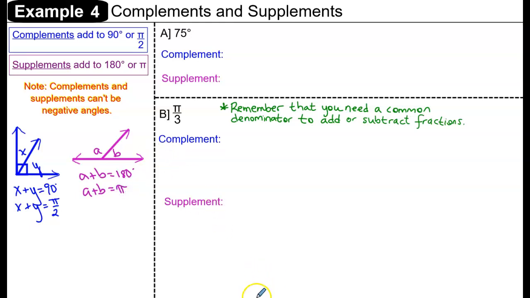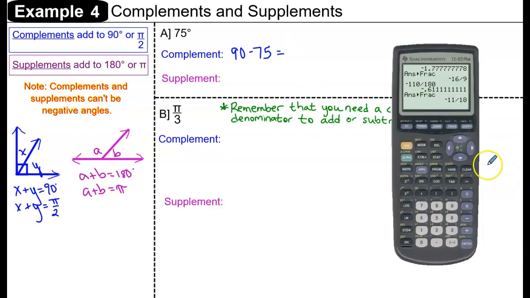So in example A, I'm looking at 75 degrees, and to find the complement, I know that x plus 75 is 90. So I can subtract 75 from 90 to find the complement of 75.